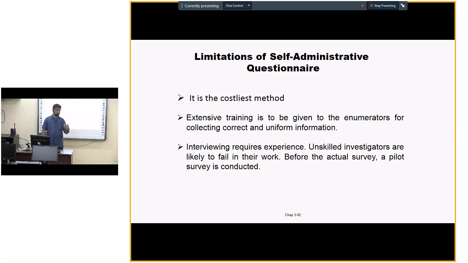Sometimes they fill in wrong details, especially income details. They always fill in a lesser amount, but enumerators can judge whether that amount is correct or not by seeing their houses, movable assets and other details. They can decide.